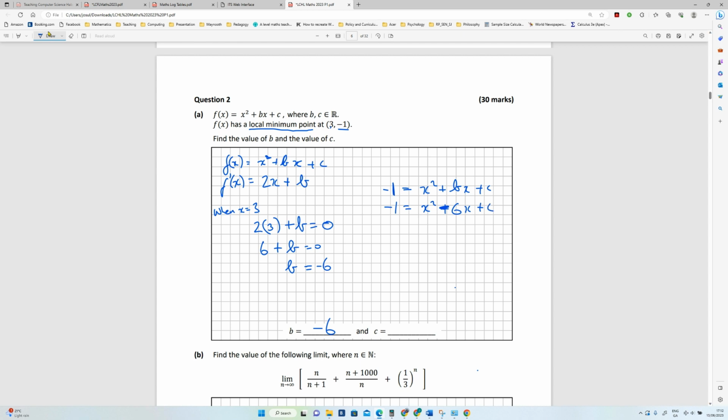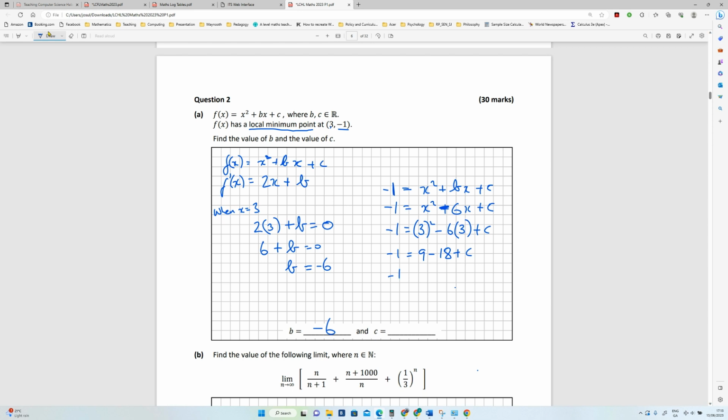Okay, and then I'm going to put in my 3 for x. So minus 1 is equal to 3 squared minus 6 times 3 plus c.